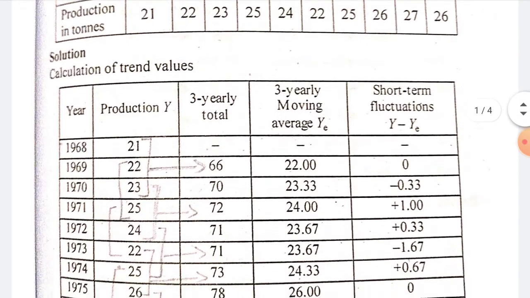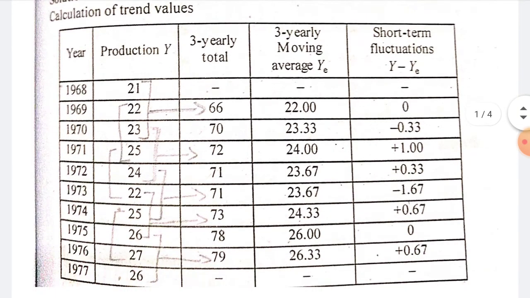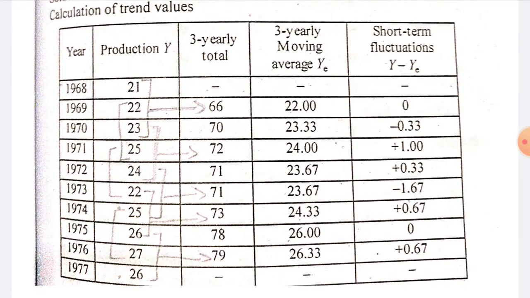Here you have to write the year, and next the production, which we consider as y. The given problem is 3 year, so you have to find the 3 yearly total, and the next column will be the 3 yearly moving average, which we consider ye.